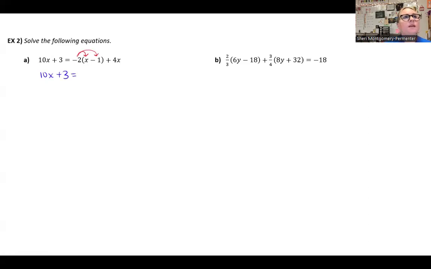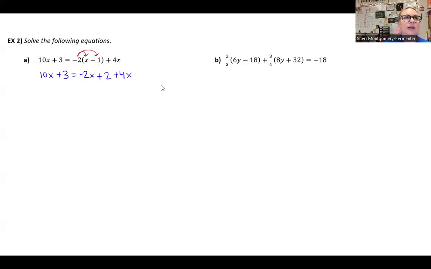Okay. So we've got -2. And what's the number in front of the x if there isn't a number? 1. So -2 times 1 is -2. And what's a negative times a negative? Positive. And 2 times 1 is 2.